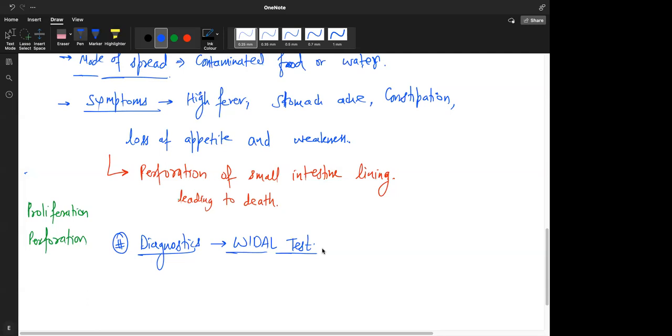Because Vidal is a type, it's not a very standalone different test. You don't do anything very different from other kinds of antibody antigen tests. Even the rapid antigen test for COVID. There are two tests. One is culture testing, where they take a swab from the nasal cavity and do a PCR and look at the levels of the DNA of the virus. The second is the rapid antigen test.